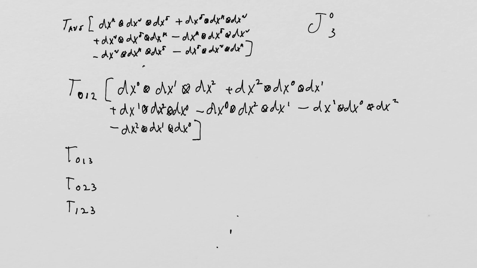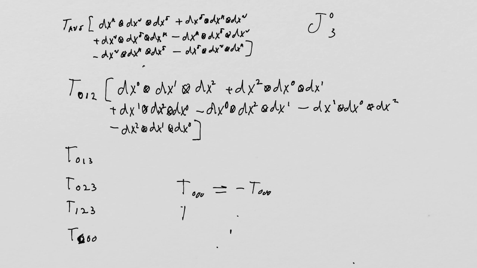But that's all I can do, because if I do it for T_000, I immediately end up with the symmetry problem. Any two exchanges, T_000 is always going to equal minus T_000. So all these perfectly diagonal elements must be 0.